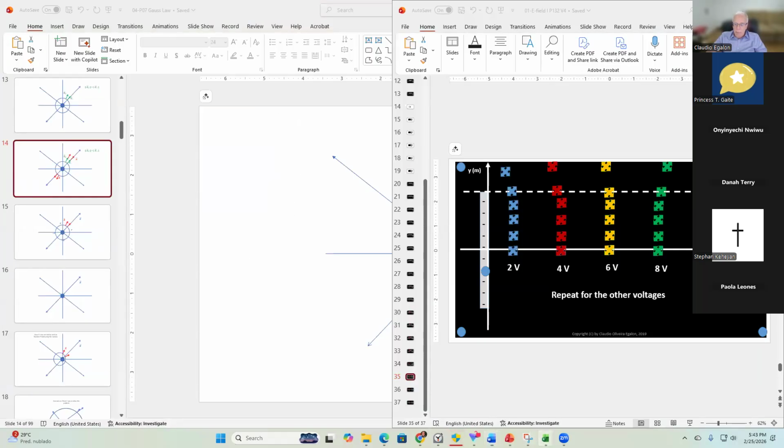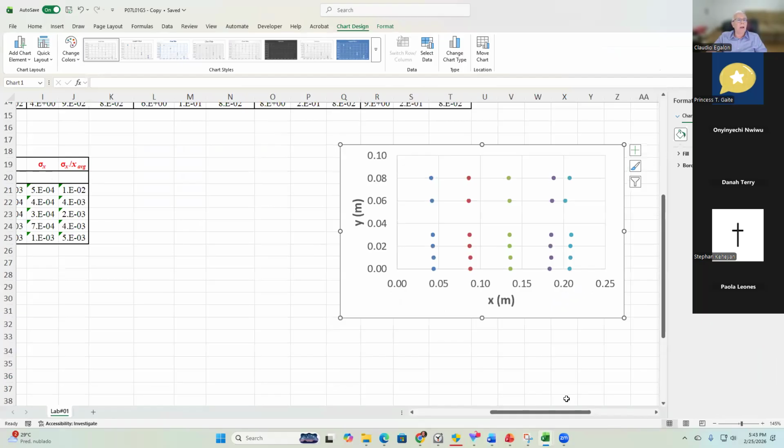Okay, next. Oh, I keep on doing the same thing here. Here you go. Select add chart element.